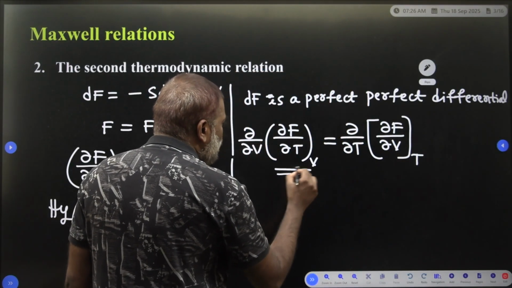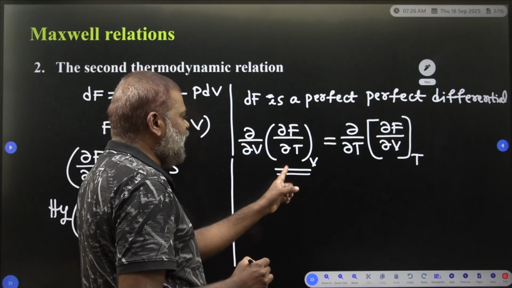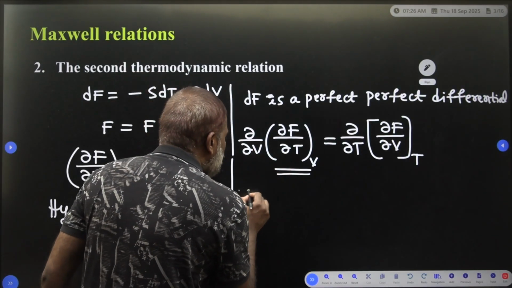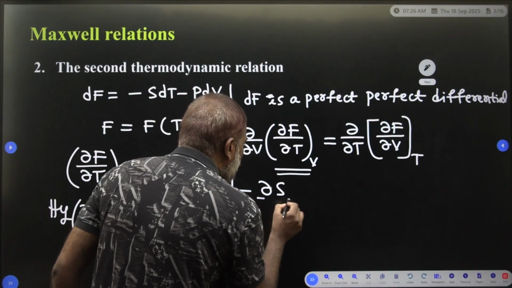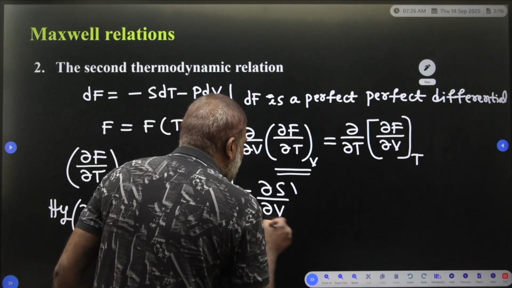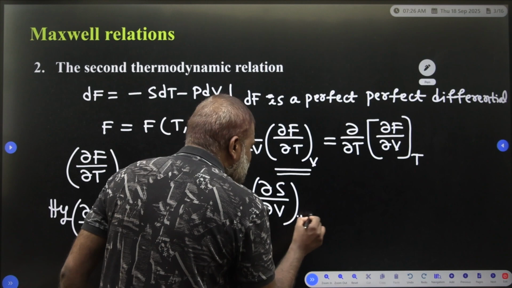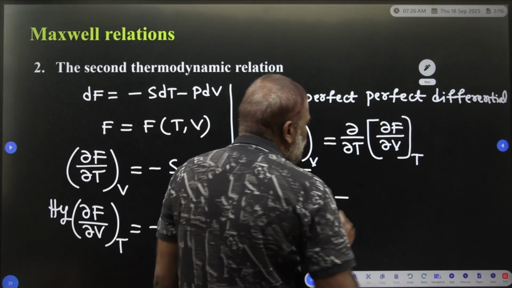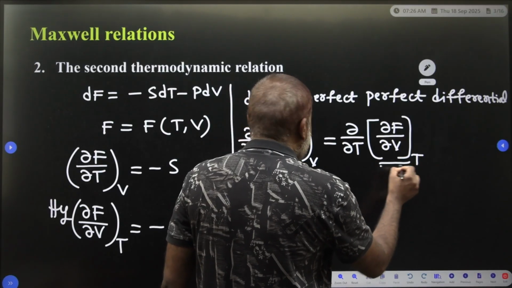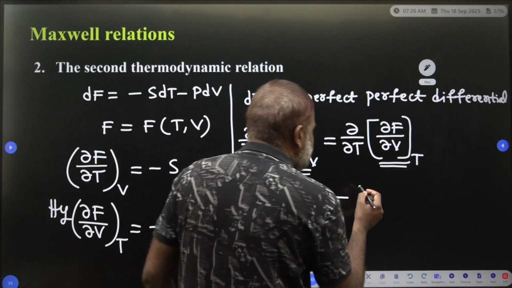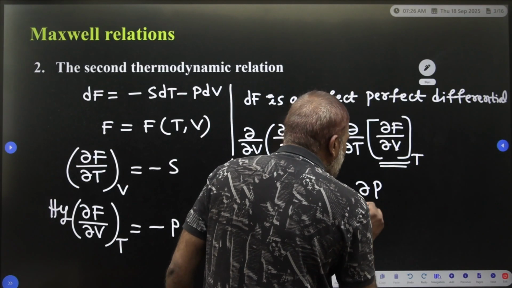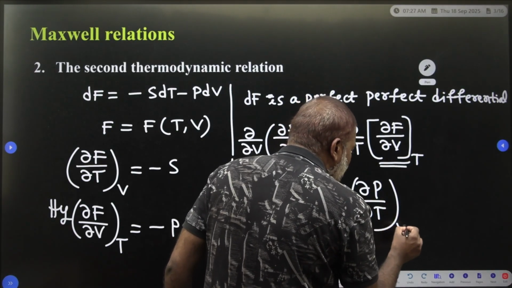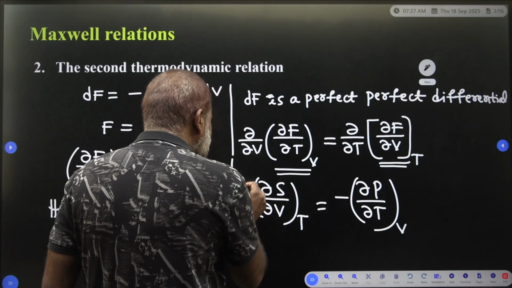So dou F by dou T at constant volume is equal to minus S. Therefore minus dou S by dou V at a constant temperature is equal to minus dou P by dou T at constant volume.